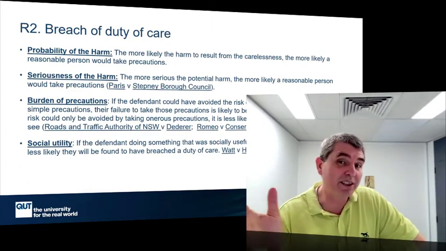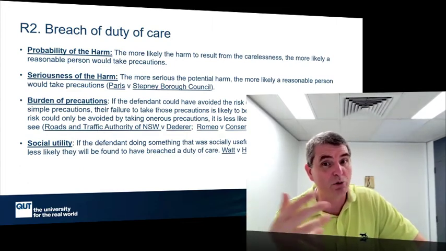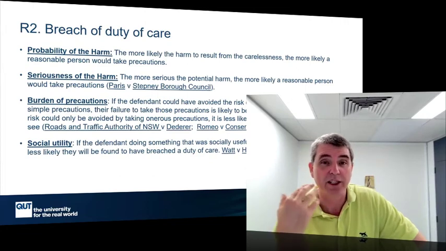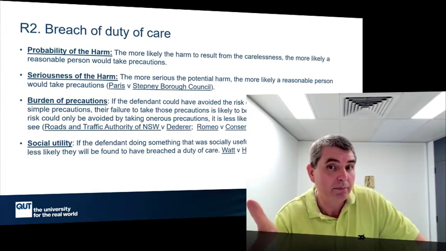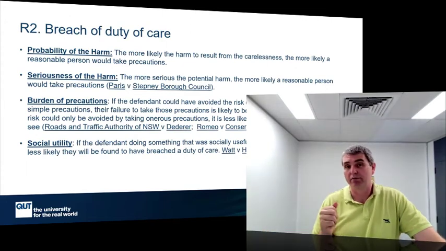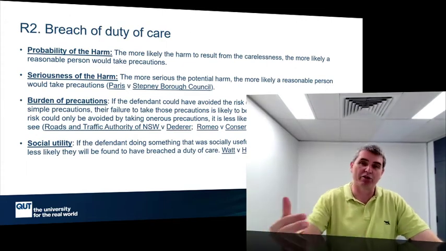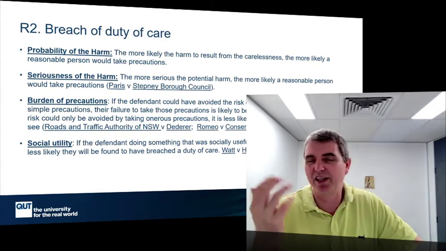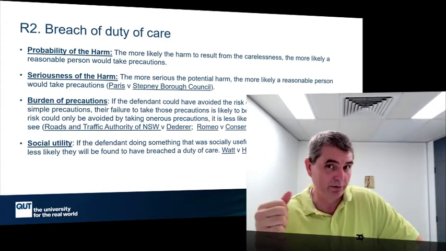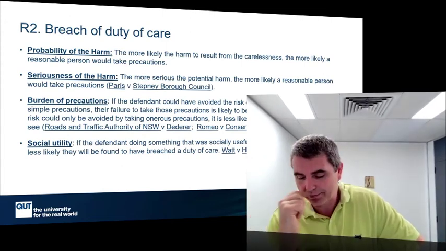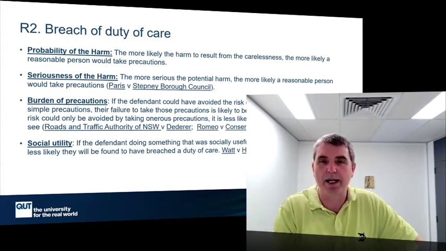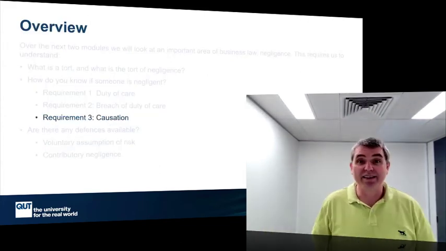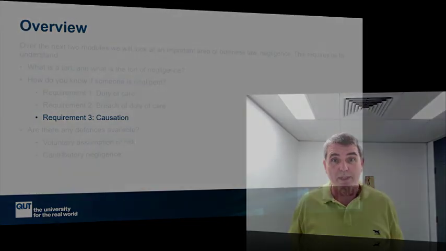Even when someone could die, the burden might be too high. Instead, the precautions you might take are maybe put a sign out, or have a path that's not too close to the edge, which are reasonable precautions that you could take. And finally, the social utility, which I've talked a bit about. Okay, so that is requirement number 2.